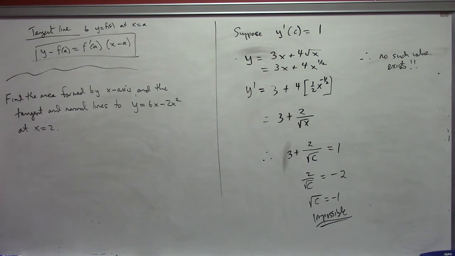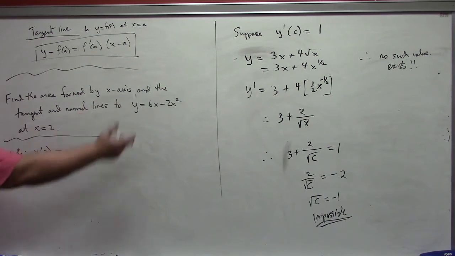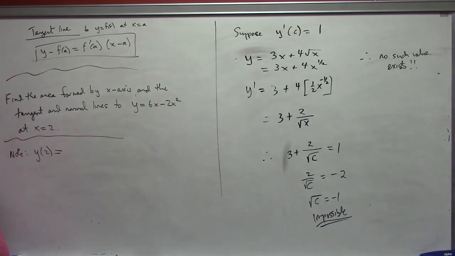Y equals 6x minus 2x squared is a parabola that kind of opens downward. I don't really care what it looks like. The main thing I care about is, note here, the functional value at 2 is going to be 12 minus 8, which is 4.